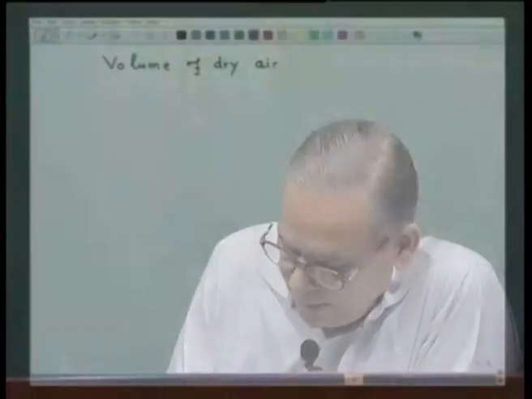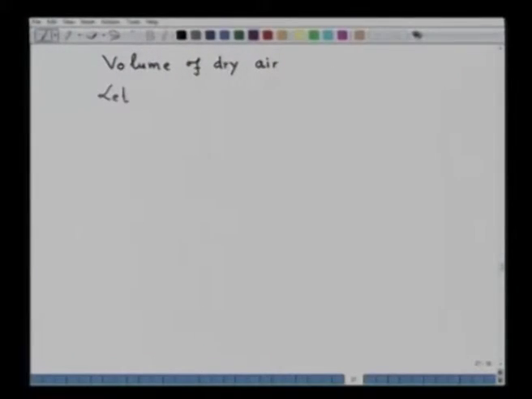Now, before that, let us consider x meter cube is air or dry air, and we are representing at 1 atm and 273 Kelvin. So, we have to do now the nitrogen balance, and nitrogen balance is, say, nitrogen from air.